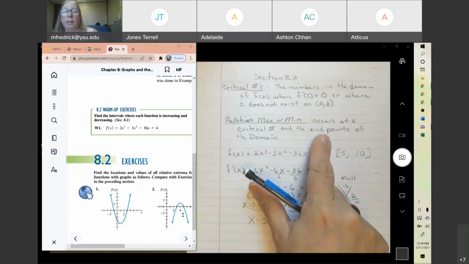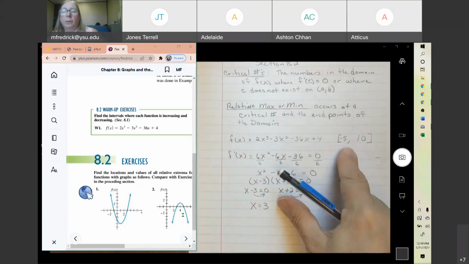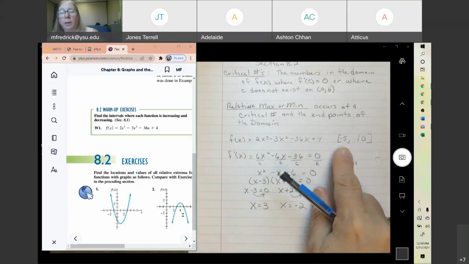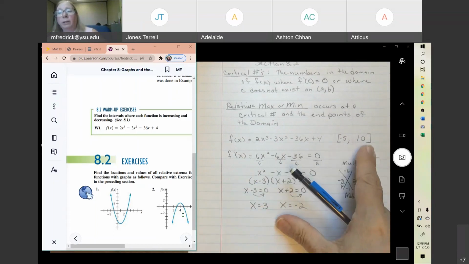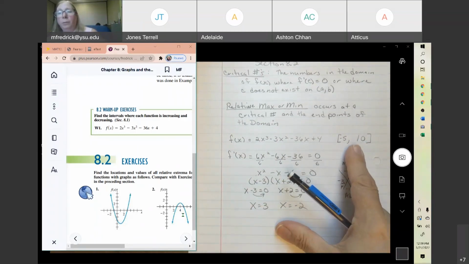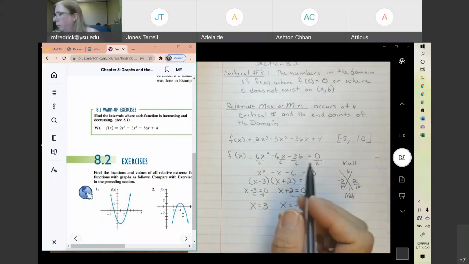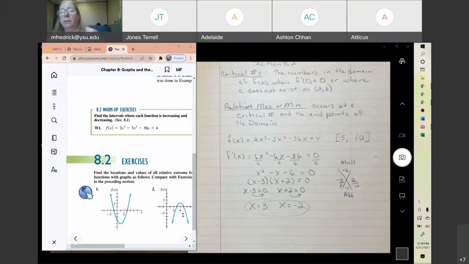So to see whether an endpoint is a max or a min, that's why I used an endpoint. But when you are finding critical numbers and you have an endpoint, these numbers need to be between here. And negative 2 and 3 are both between negative 5 to 10. So these would both be critical numbers along with your two endpoints.